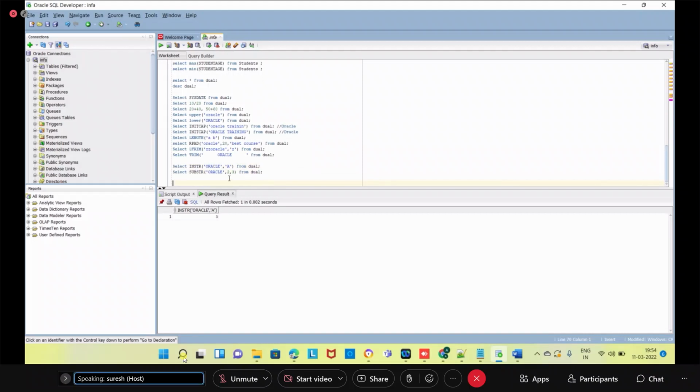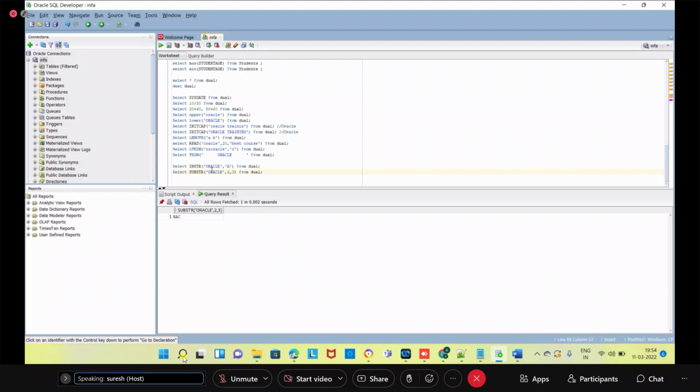Now coming to the substring. Substring is nothing but if you want to cut a portion of the string. This is the starting position from where you want to cut from Oracle, and then how many characters you want to cut.